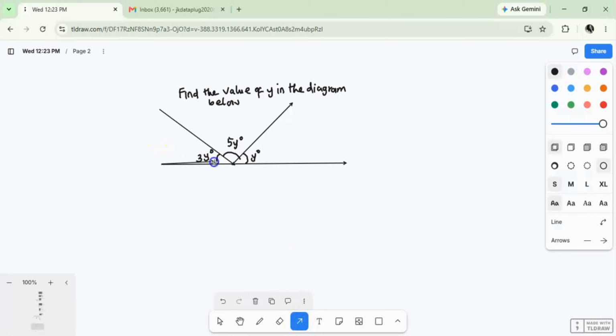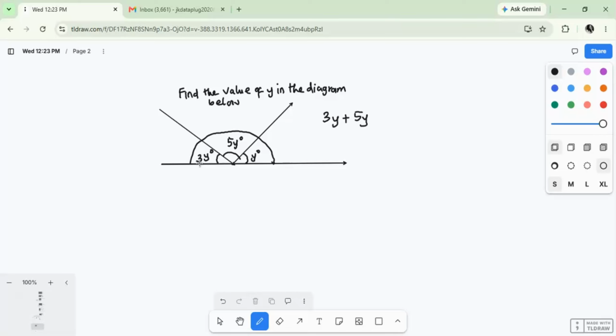We have a straight line, and then we have a half turn. Look at it, half turn. So that means if we add up all these angles, it is supposed to give us what? 180 degrees. So we have 3y plus 5y plus y must give us 180 degrees.